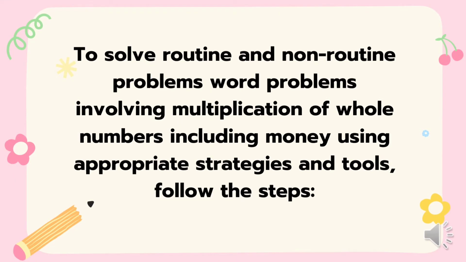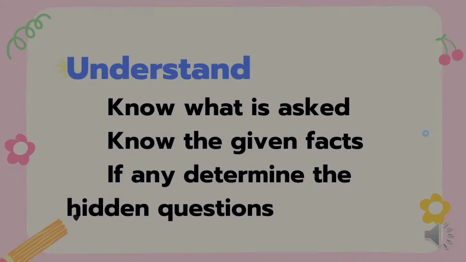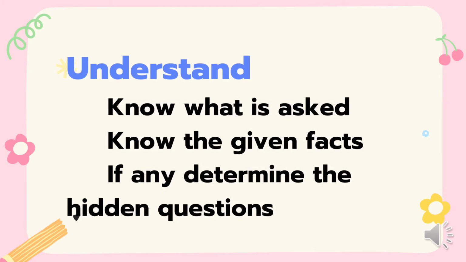To solve routine and non-routine problems involving multiplication of whole numbers, including money, using appropriate strategies and tools, let us follow the steps. Step 1 is to understand. Know what is asked. Know the given facts.